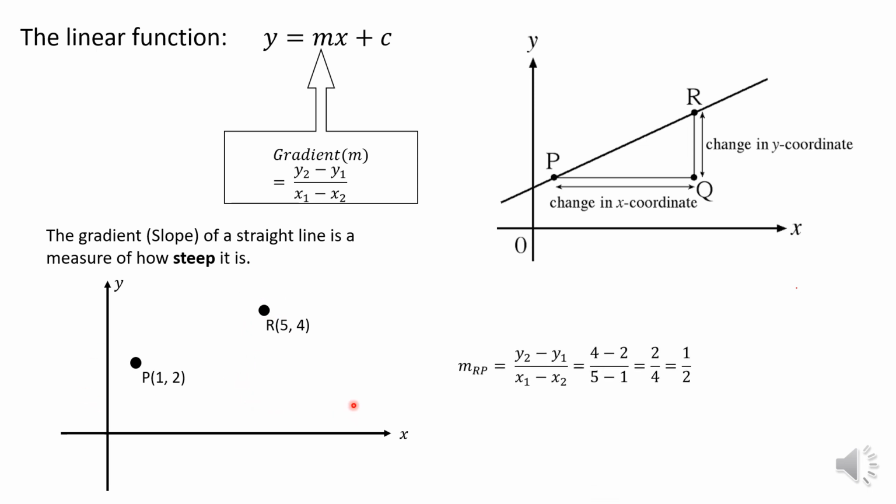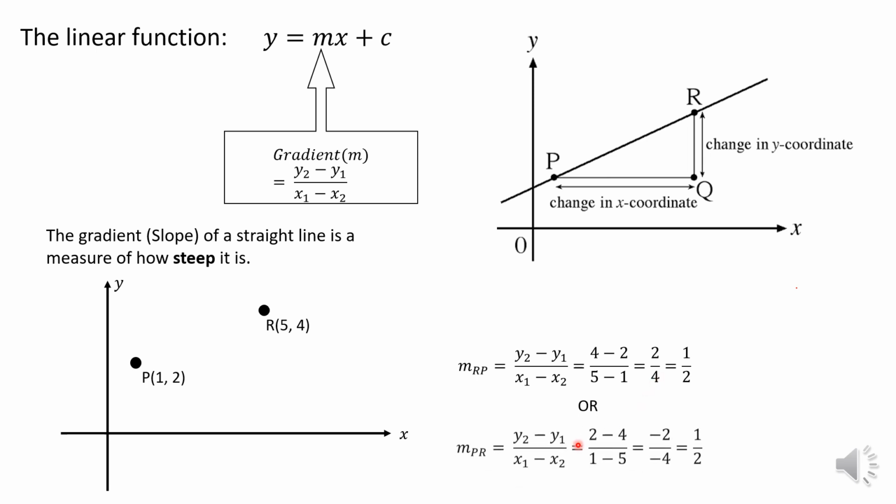So I just take the change in y. I start with the y value of R, which is 4, minus 2, which gives you positive 2. Then I start with the x value of R, because I started with the y value of that point, so 5 minus 1, which is 4. So the gradient of this line is a half.